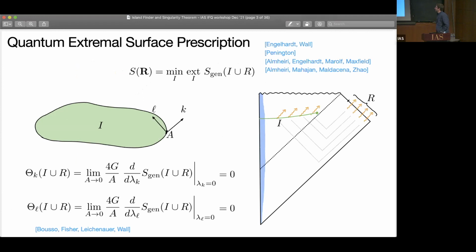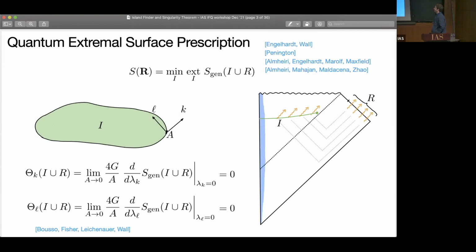Now, we understand that the quantum extremal surface prescription gives us a formula for computing S of boldface R, which involves regions called islands, which extremize the generalized entropy of I union R. A related quantity to quantum extremality is the quantum expansion, which I'll just review here. Given some region, we can define the quantum expansion by defining first orthogonal null vector fields on its boundary.